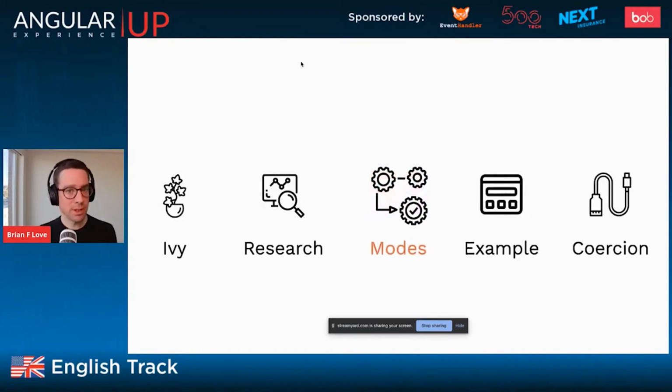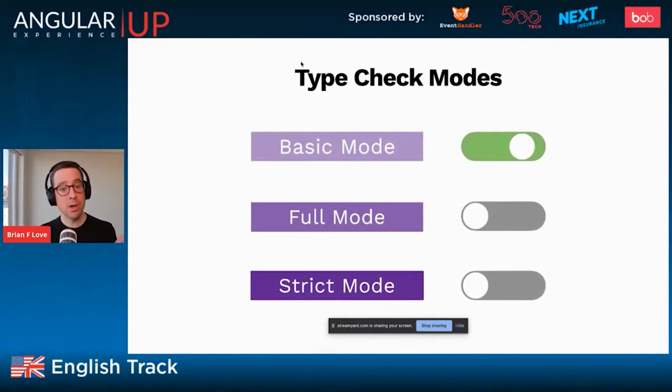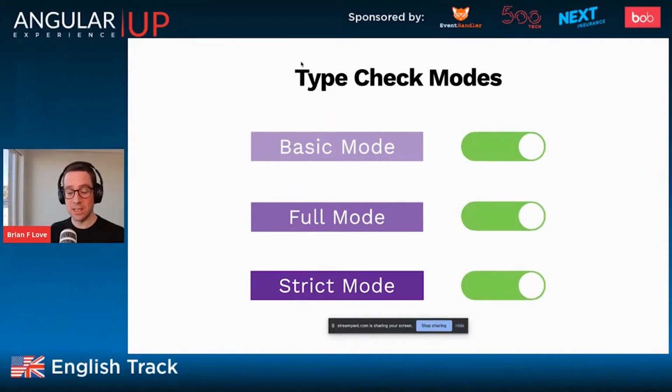Now let's talk about the 3 modes that you can configure for Angular template type checking. You've got basic mode, full mode, and strict mode. As you might imagine, basic mode does the least amount of type checking. Full mode does additional type checking for us, and strict mode is full on and does as much type checking as is capable in Angular today.